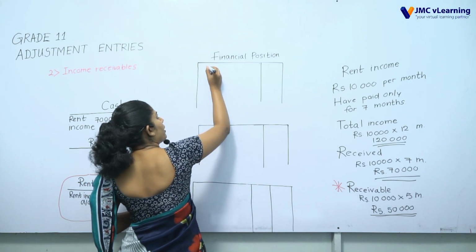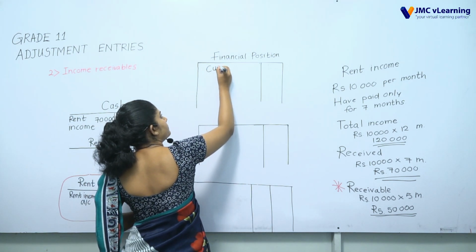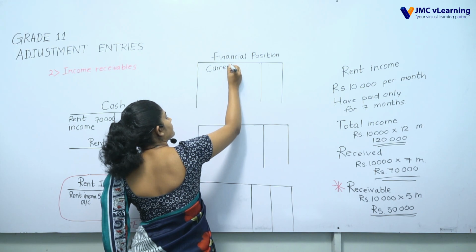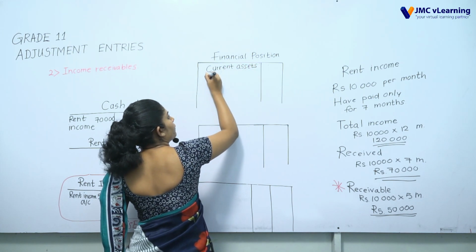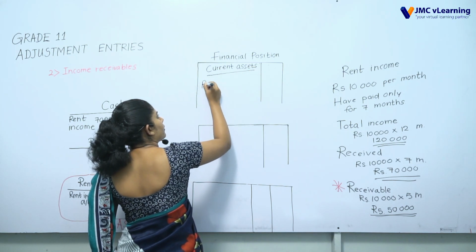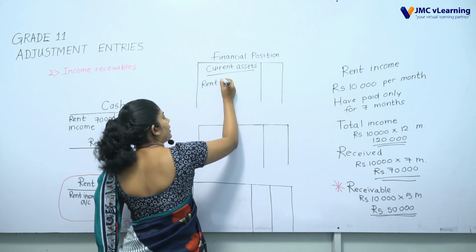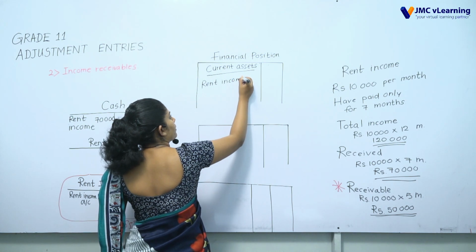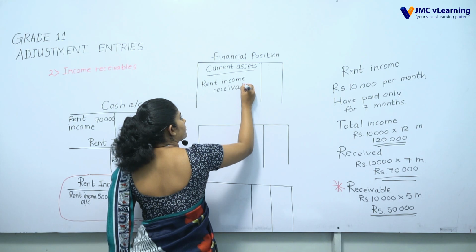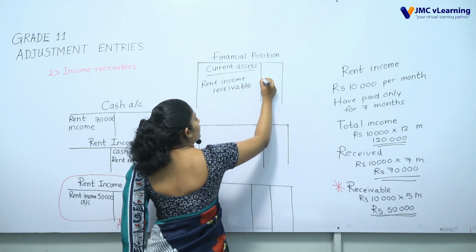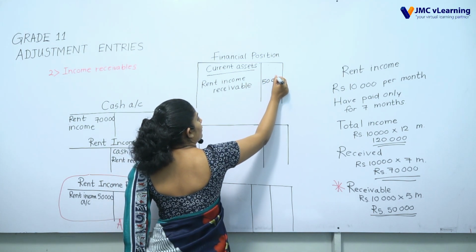Therefore, under current assets, we have to record rent income receivable, 50,000.